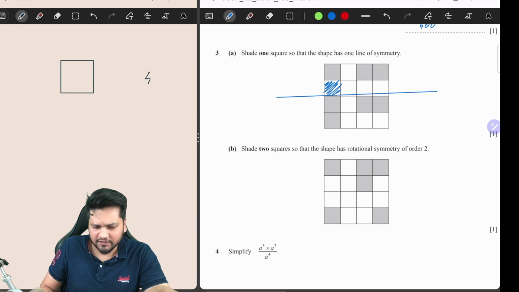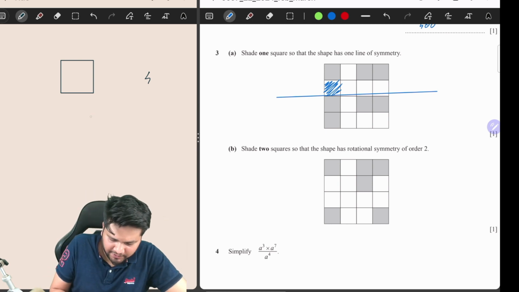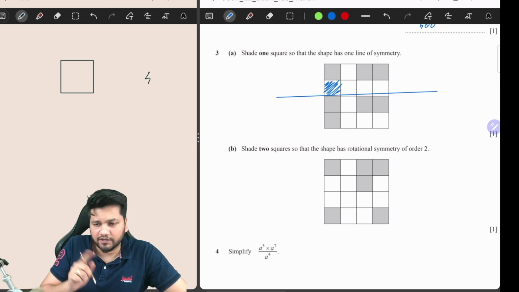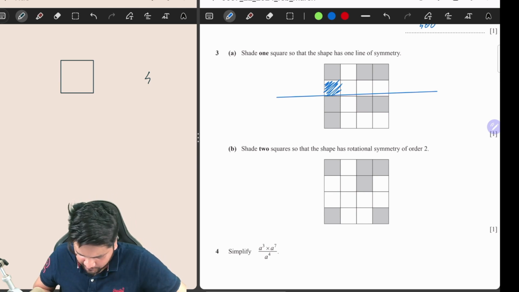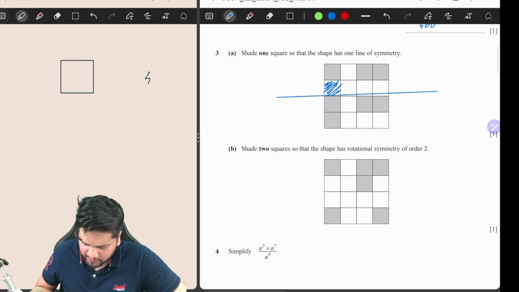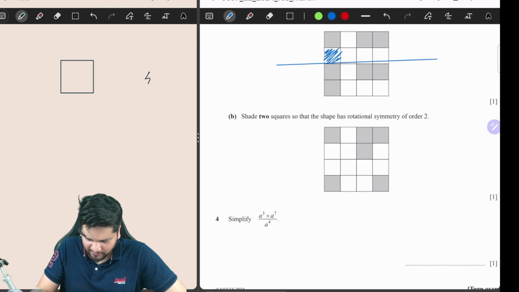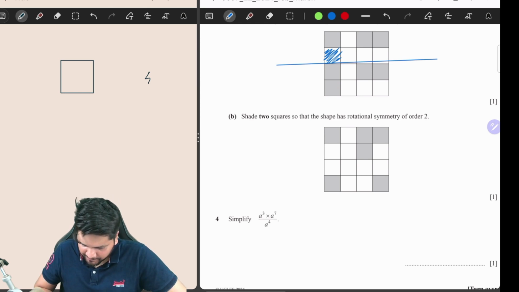Whenever it's a regular shape, the number of sides it has is the number of rotational symmetries as well as lines of symmetry. So what I mean to say is, if it's a hexagon, then there are 6 lines of symmetry as well as 6 rotational symmetries. Now here again I have to make it in such a way that it is a symmetrical shape, and you have to shade 2 squares.